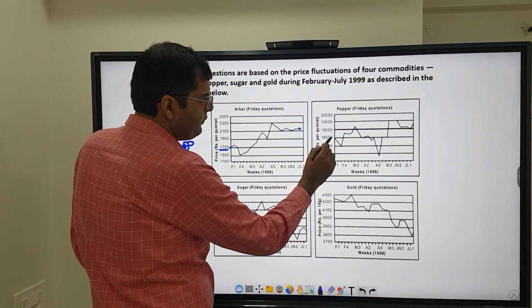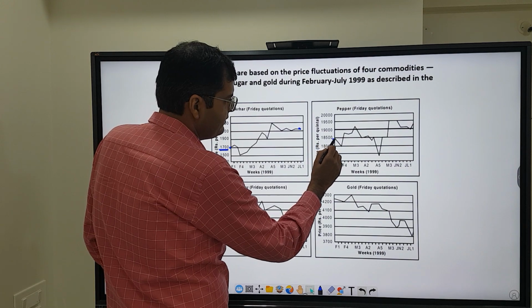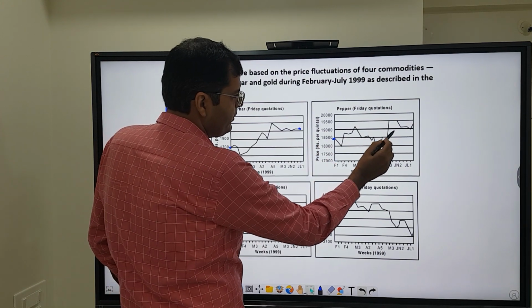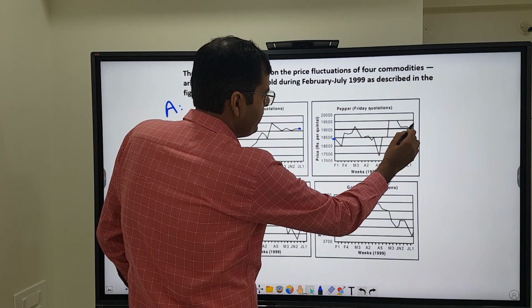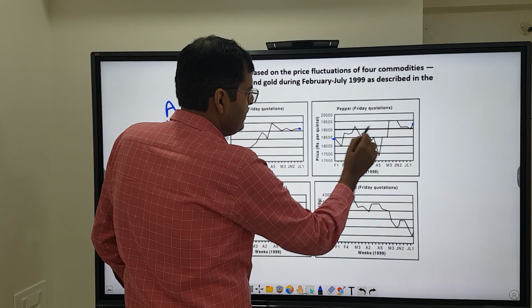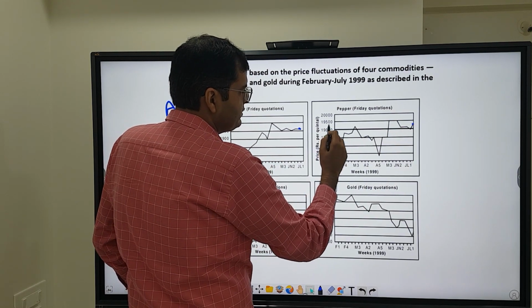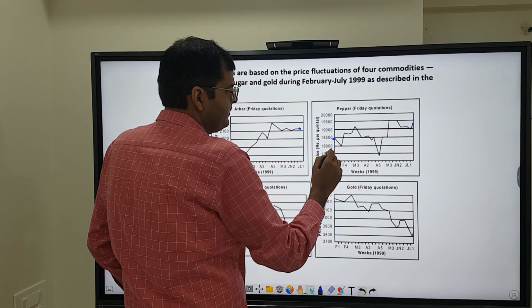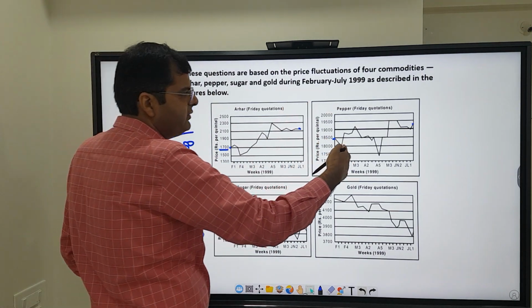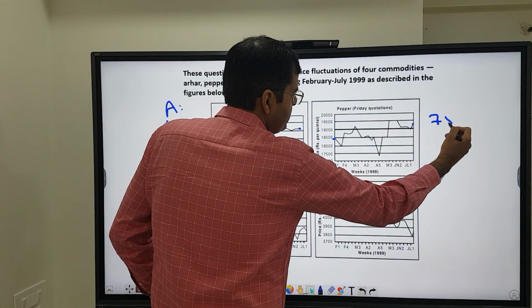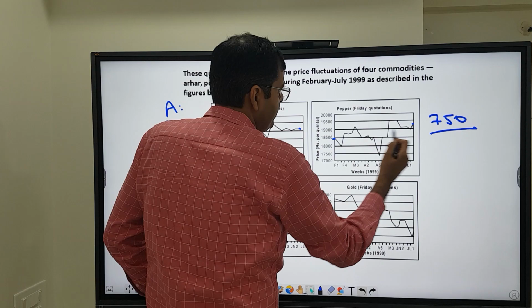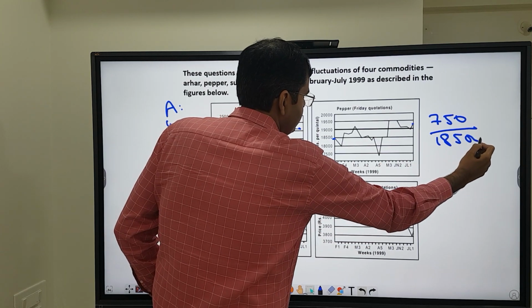For pepper, the starting point is roughly 18,500, and you end at a point between 19,000 and 19,500, which is 19,250. So the difference is 750, but your base is 18,500.